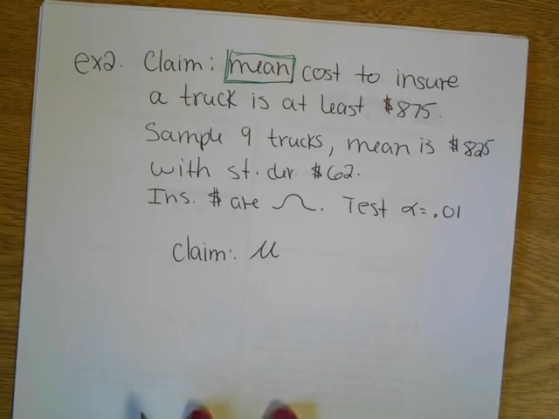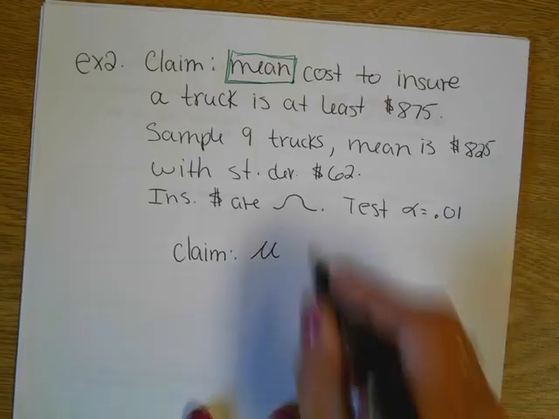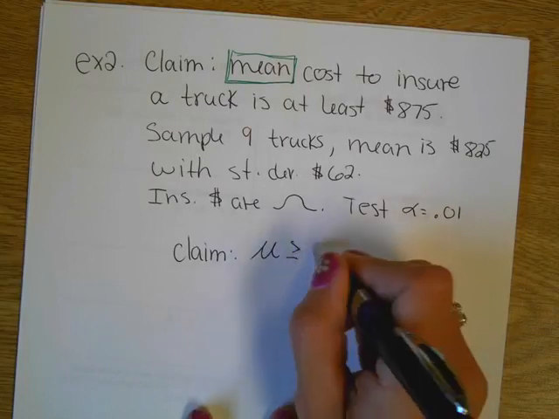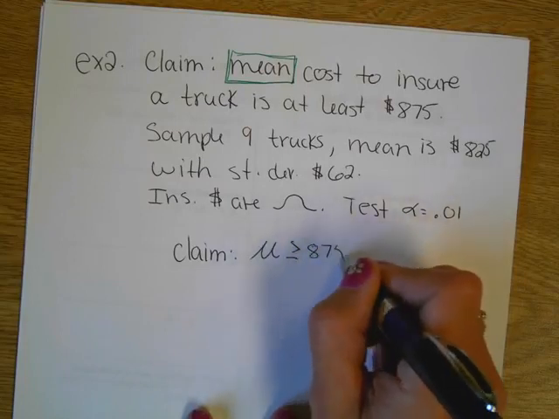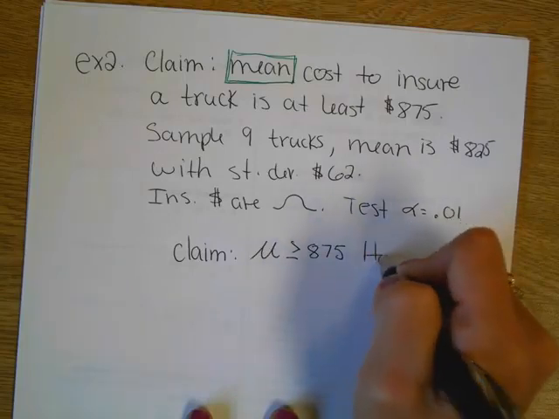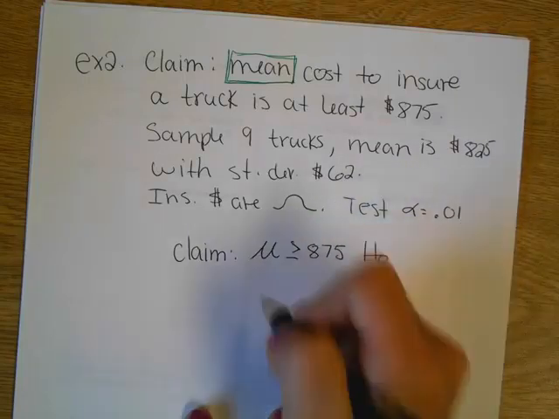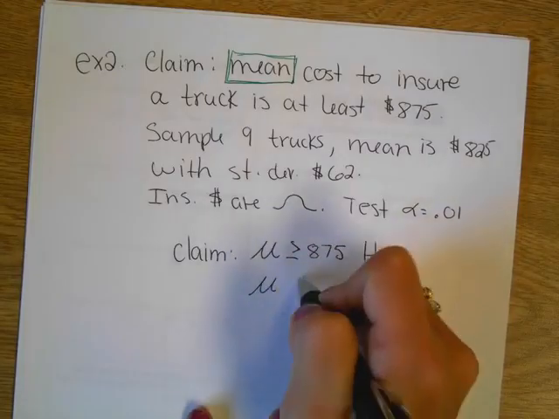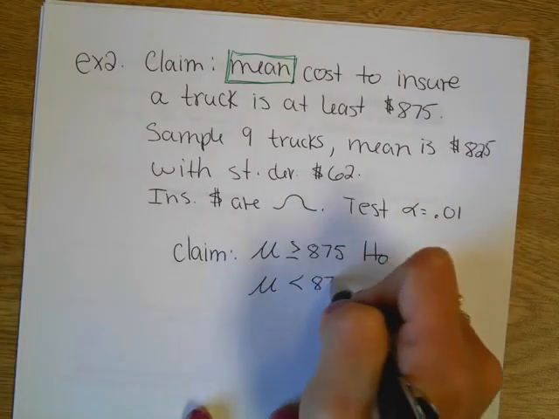What's our math symbol for at least? Greater than or equal to $875, making the claim the H0. The Ha then will be that the mean cost is actually less than $875.